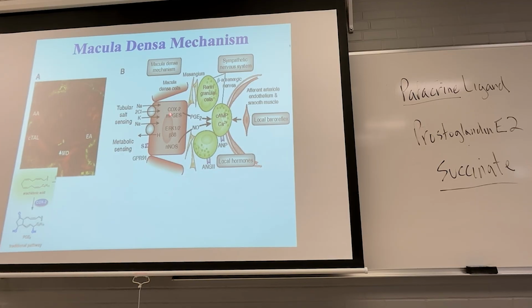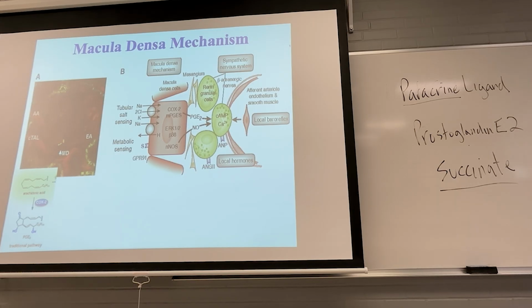Now, if you have a drop in blood volume and a drop in blood pressure, what's going to happen to filtration at the glomerulus? It's going to slow down. Your filtration power is going to slow down.